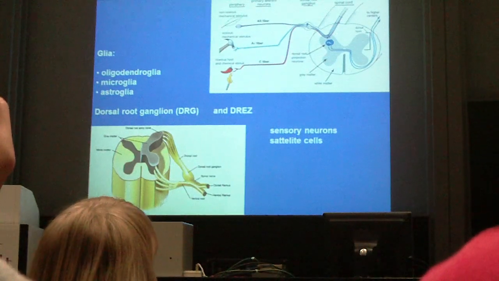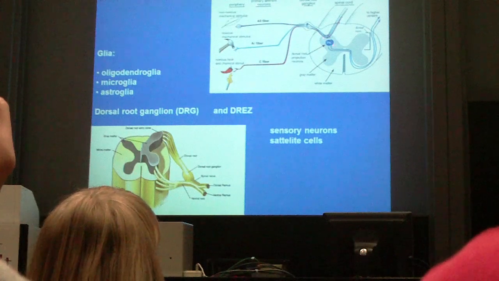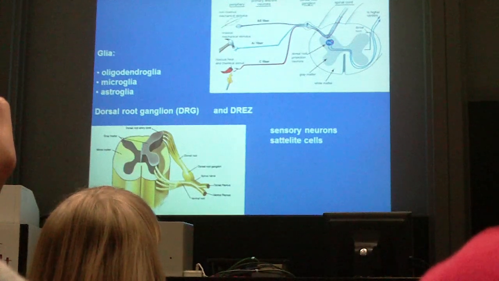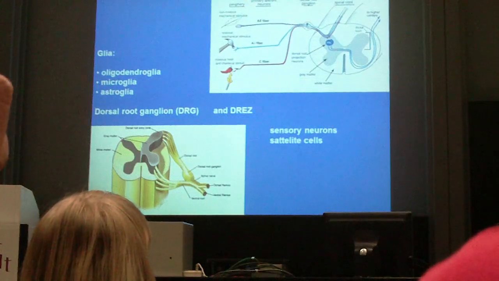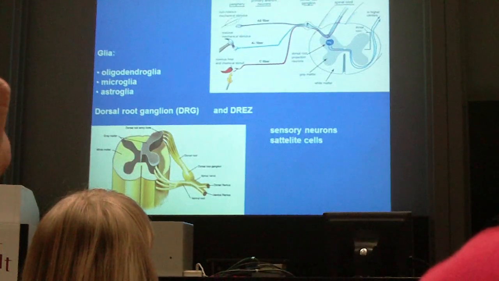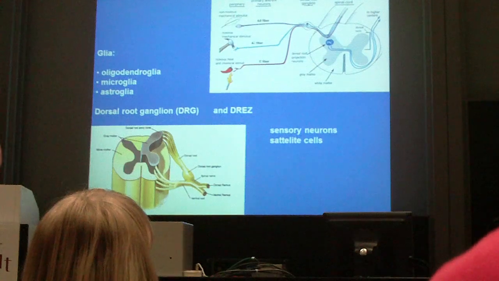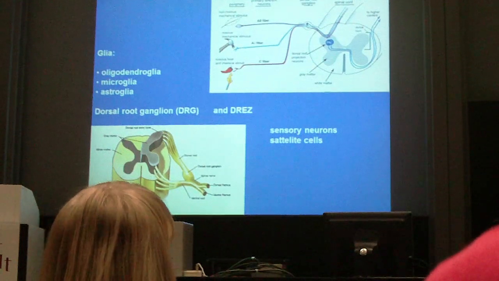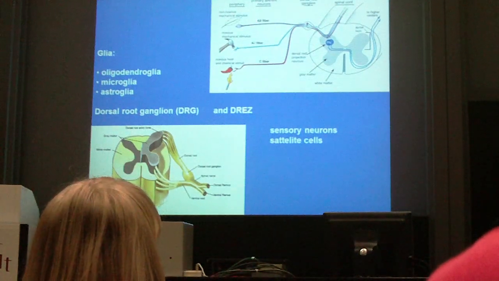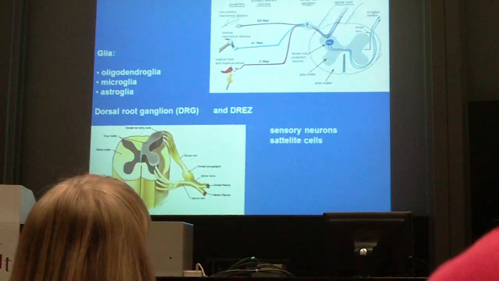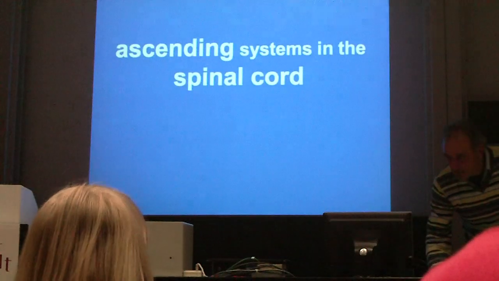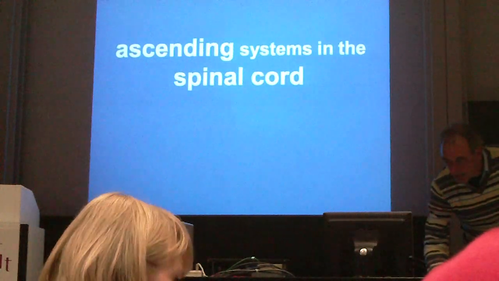And they all project to the spinal dorsal horn, and here are the pain neurons, and you can see again this subdivision. These pain neurons traverse the spinal cord and then go up to the brain via the spinothalamic tract. Whereas the others, here, enter the dorsal columns. So there are 2 important ascending systems if you talk about pain.